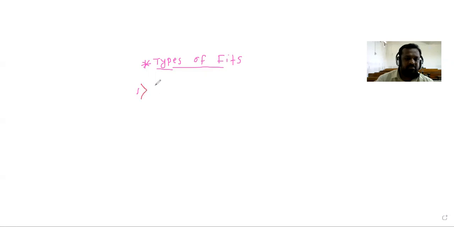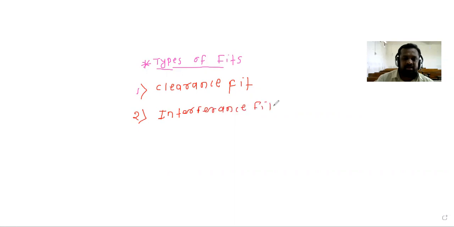Okay, what is the first type of that fit? It is the clearance fit. Then the second type of that fit it will be the interference fit. Please write down that.